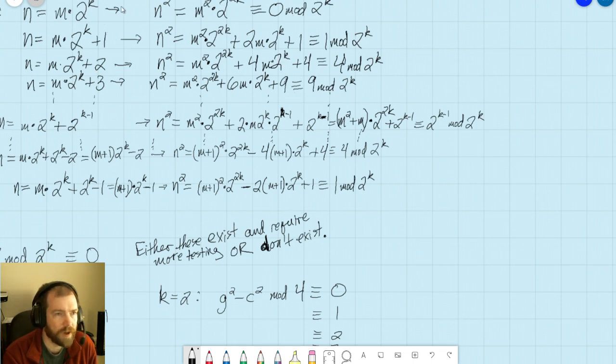With mod 4, we've got either, again, a modulus value of 0 mod 4, 1 mod 4, 2 mod 4, or 3 mod 4 as our n values.